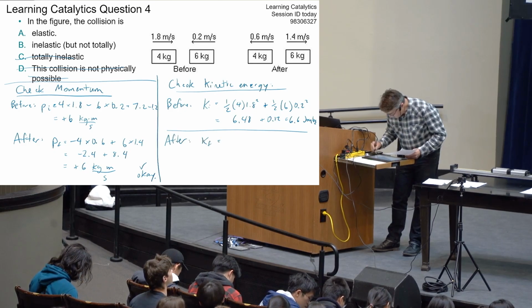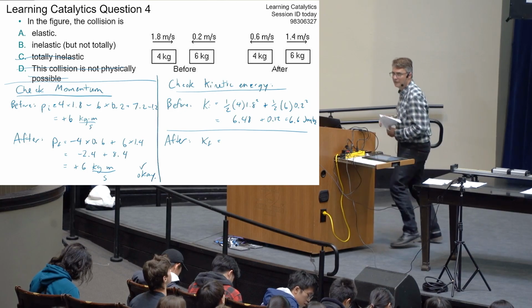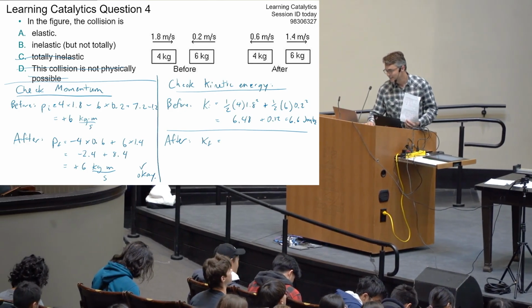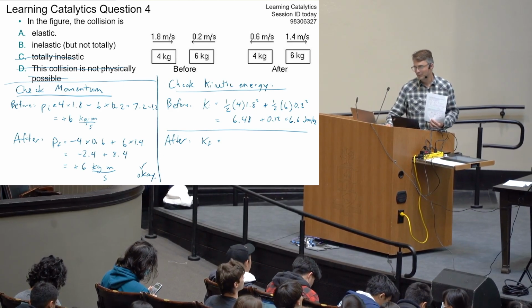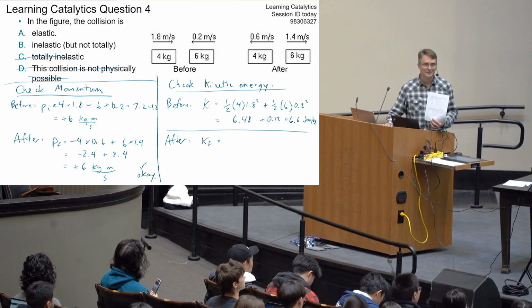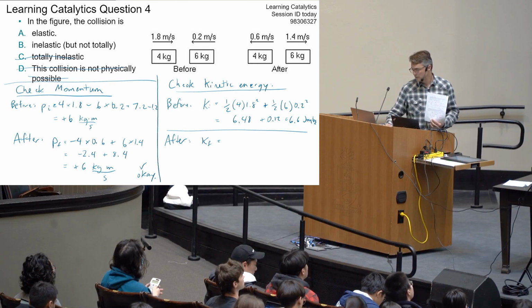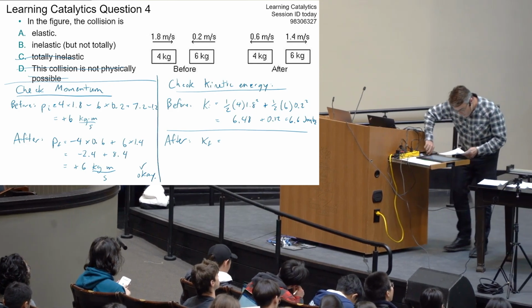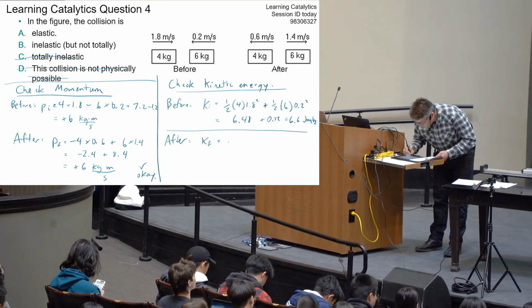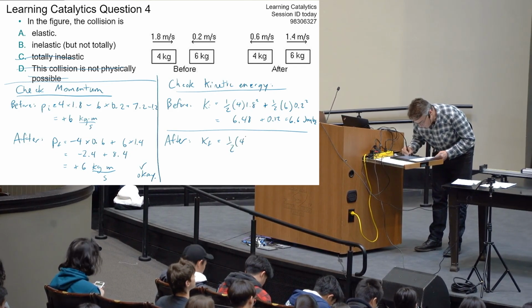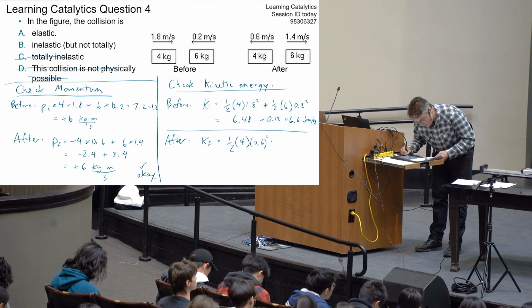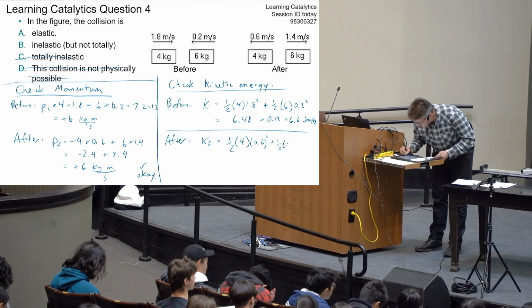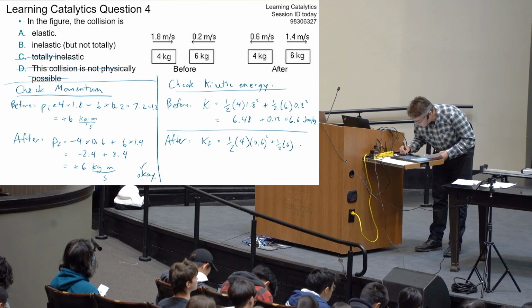Okay, final equals, actually, you know what? I want to see if you guys did it. Going once, going twice. Click in. I got 1/2 times 4 times 0.6 squared plus 1/2 times 6 times 1.4 squared.